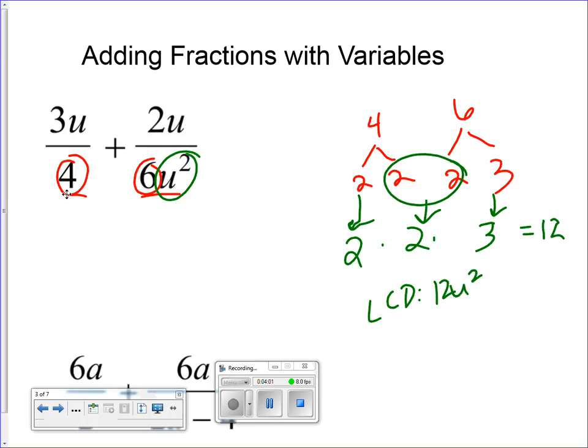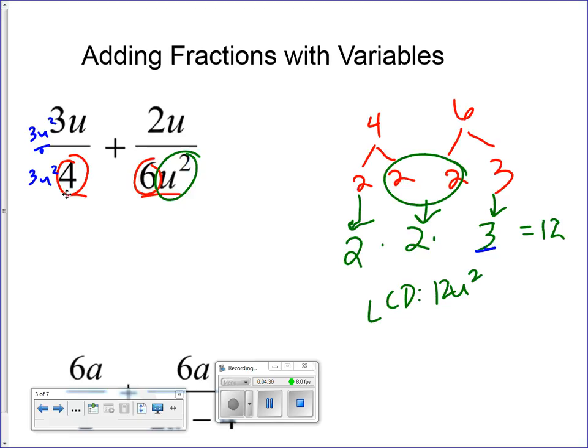What we have to do now is ask ourselves, what do we need to multiply each fraction by to get 12u squared? Starting on the left, what do we need to multiply 4 by to get 12u squared? We have to multiply 4 by 3 to get 12, and we need to bring in u squared. Because we can only multiply by a fancy form of 1, we'll do the same thing in the numerator.